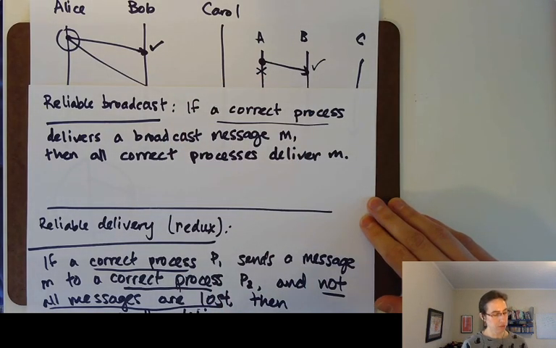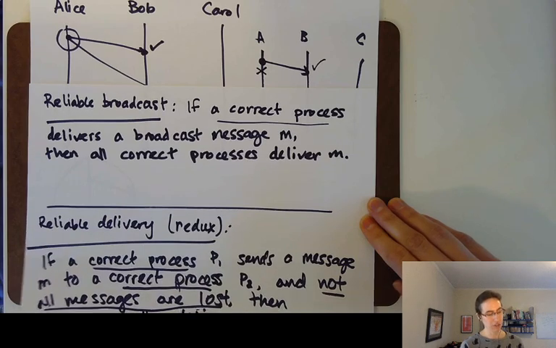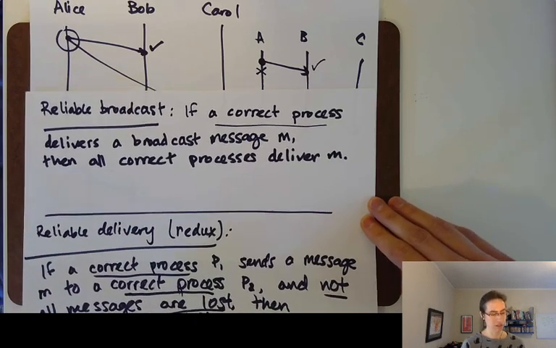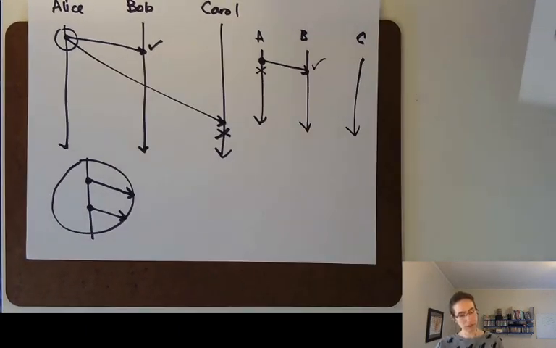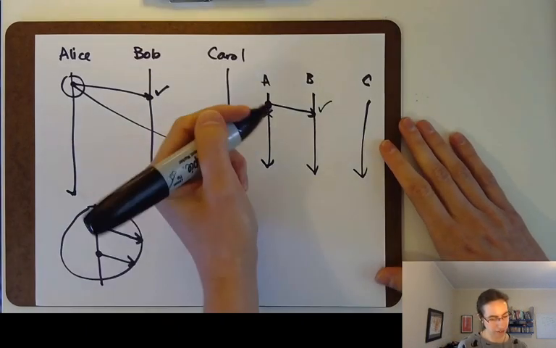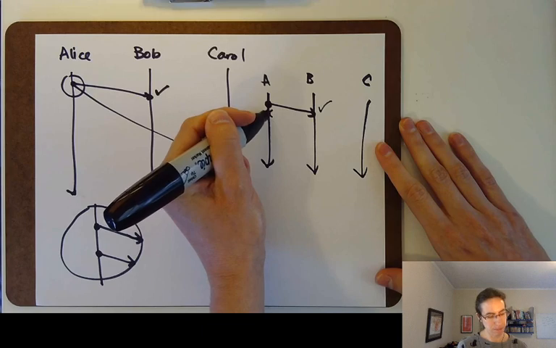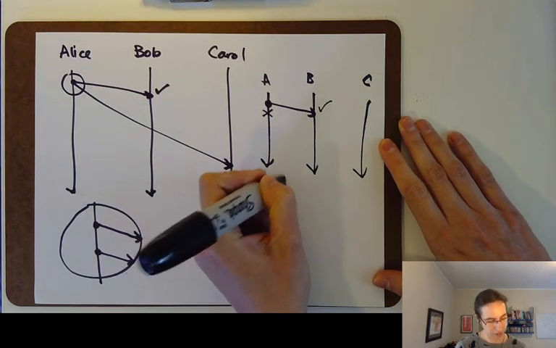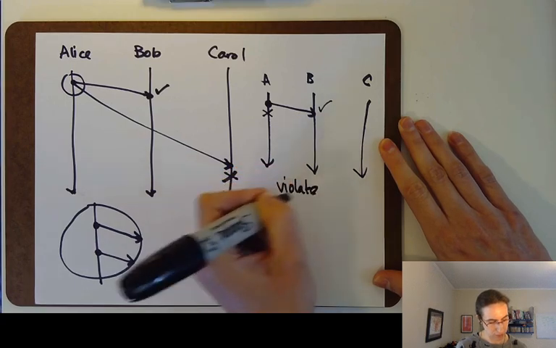So for the definition of reliable broadcast, there's nothing in here about the correctness of Alice, the one who's sending the message. It's only about the correctness of the processes that receive and deliver the message. So indeed, if Alice crashes here before going on to send the message to Carol, then this does indeed violate reliable broadcast.